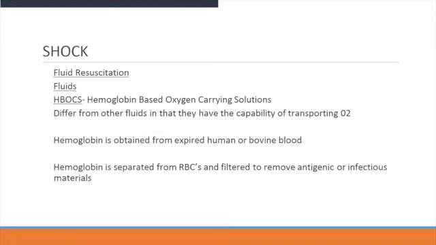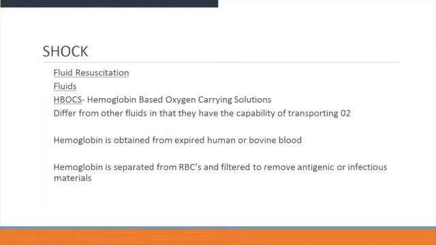But these other fluids, the hemoglobin-based oxygen-carrying solutions, will help carry oxygen. The hemoglobin is obtained from expired human or bovine blood.